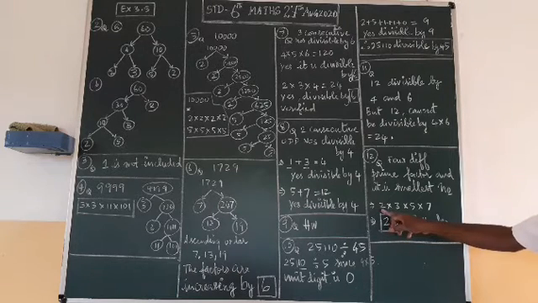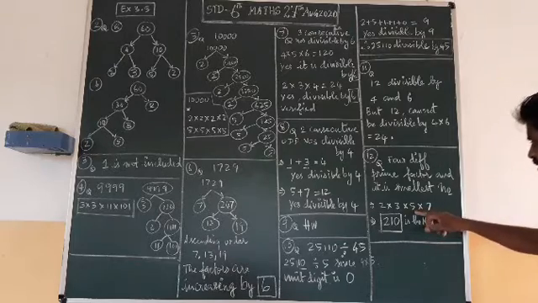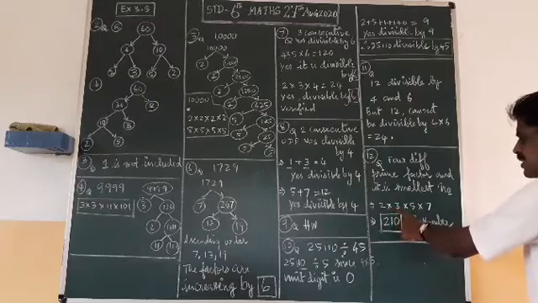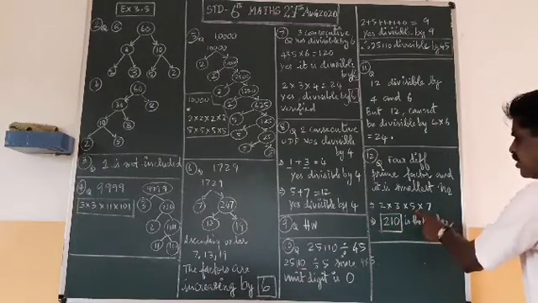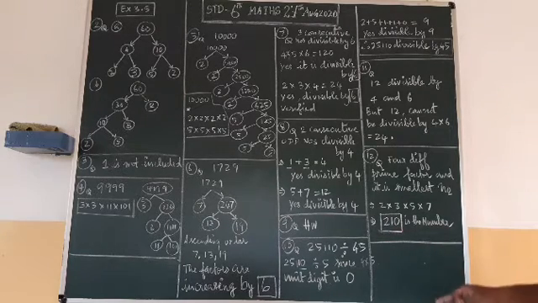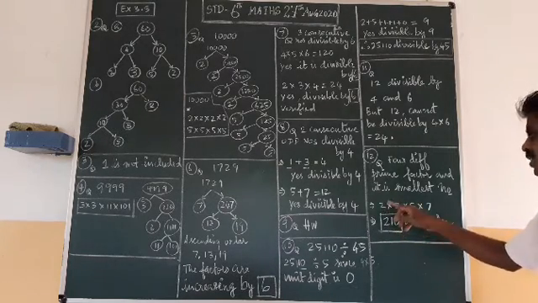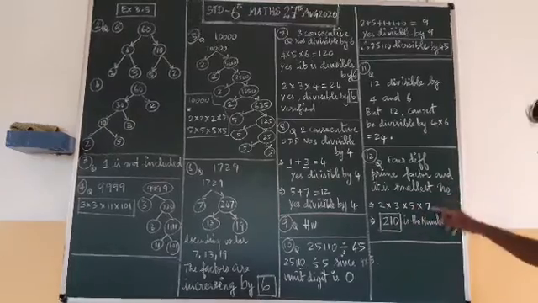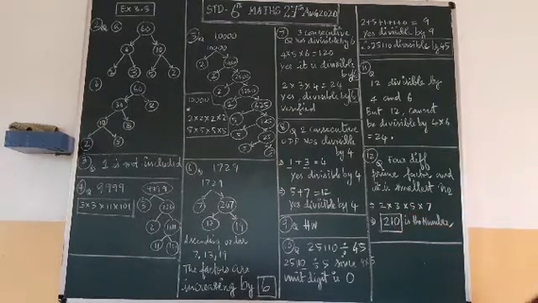The first prime number is 2, the second is 3, the third is 5, and the fourth is 7. Multiplying everything: 2 times 3 is 6, 6 times 5 is 30, 30 times 7 is 210. This is the smallest number when you multiply the first 4 smallest prime numbers: 2, 3, 5, 7, which give 210.